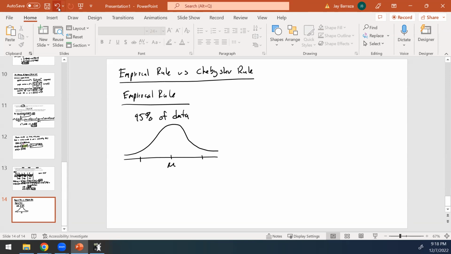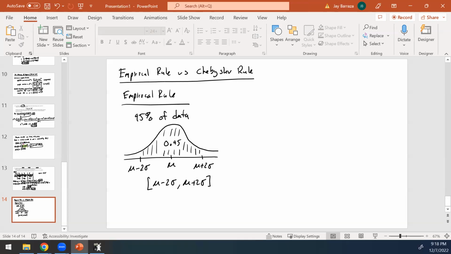If you want 95% of the data to be in here, then this is going to be mu minus 2 sigma and mu plus 2 sigma, or if you write it as an interval, mu minus 2 sigma, comma, mu plus 2 sigma. If you want 68%, you do 1 sigma on each side. And if you want 99.7%, you do 3 sigmas on each side. Does that make sense? Just want to make sure.